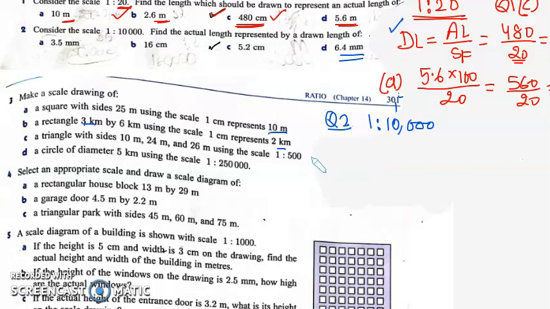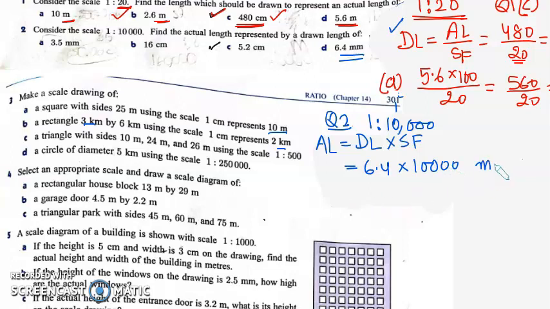Actual length is equal to DL times scale factor, and drawn length is 6.4 millimeter and the scale factor is 10,000. And the unit that you will get is what?